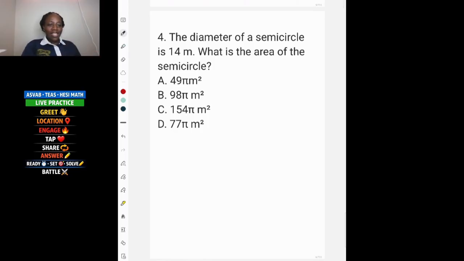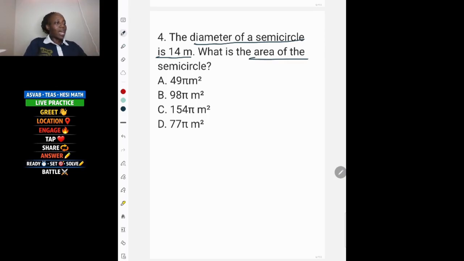Oh, next is our diameter again. Diameter of a semicircle. Let me ask us something. We have worked on circle, right? Now a semicircle. How can we describe a semicircle? We just say half of the area of a circle, because that's the way we do it. So we now have to find the area of a semicircle.